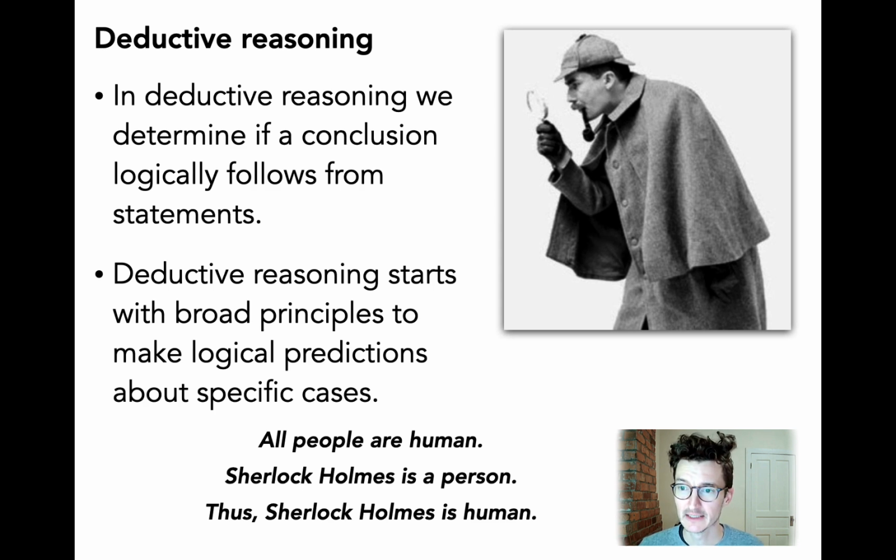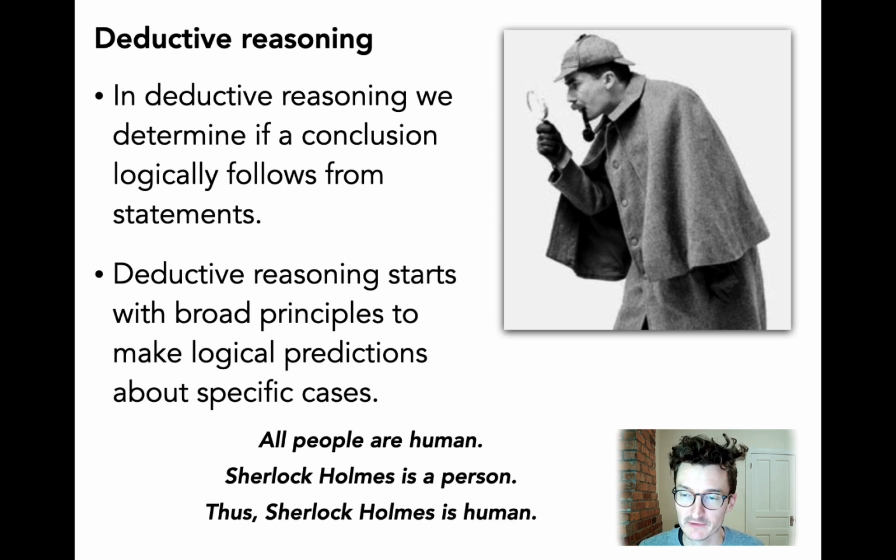And so the way deductive reasoning works is that we start with some sort of broad principle, and based on that broad principle or principles, we make logical predictions about specific cases. So we're starting broad, and we're ending at a very specific prediction. Now you can contrast that with induction, where we're starting from a few cases, a few observations, and ending at some broader prediction. So a little bit different.